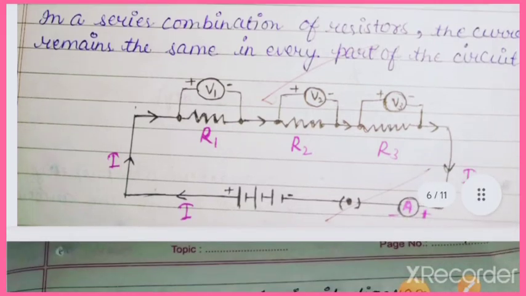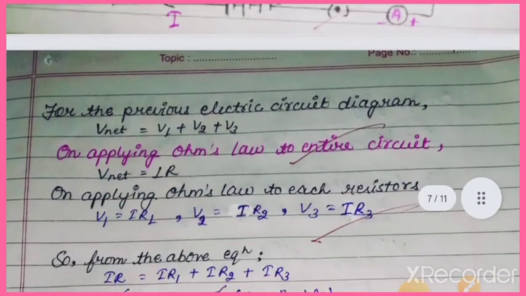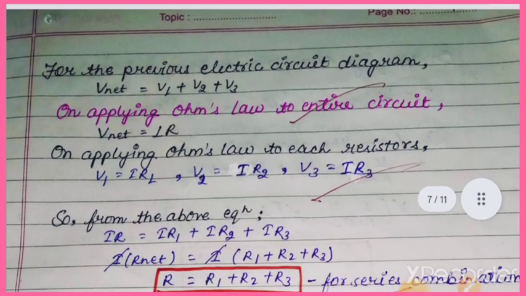In series, when one appliance gets damaged, all the appliances get damaged, or they would not be able to work properly, right? So this is how you draw it, and this is very important.